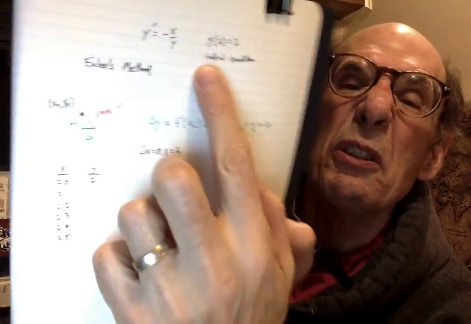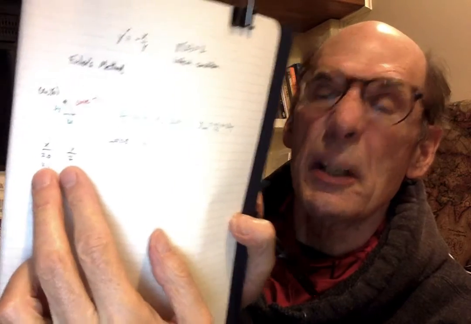Okay. Y we don't know yet. We're going to try to figure out what y is, but we know the first one is 2. That was given to us up here with the initial condition, so I can fill it in here. The next thing we're going to do is figure out what y prime is.